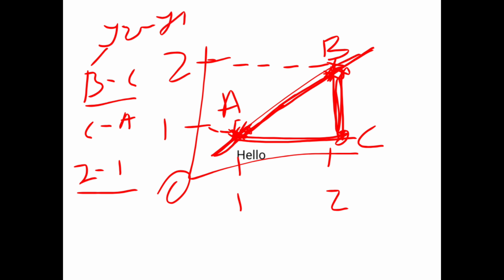Okay, so on this line, your y-axis, and your x-axis, the x-axis. So now we have CA.